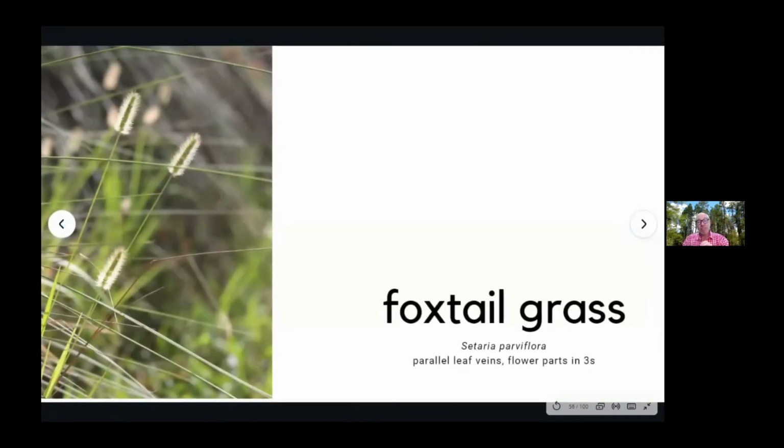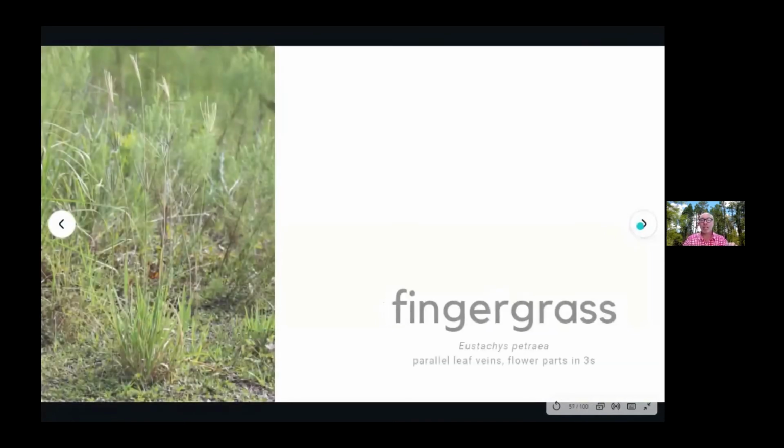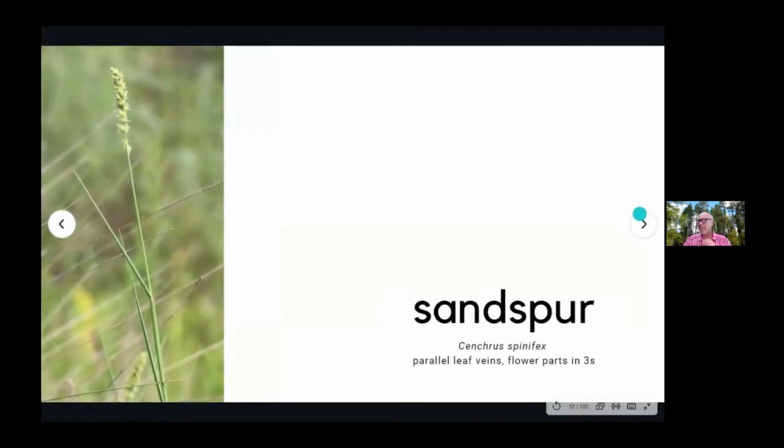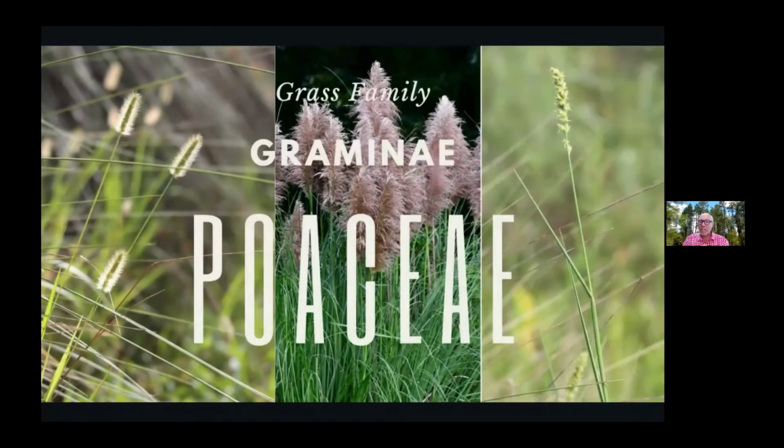But foxtail grass, lopsided Indian grass, finger grass, which is kind of a roadside weed with its flowering stalks that stick up like fingers, Eustachys, even sand spurs, yes, a grass, a flowering plant. These all have familial characteristics that place them into a rather large flowering plant group known as the Graminae, or the standardized name that they've been given, the Poaceae.